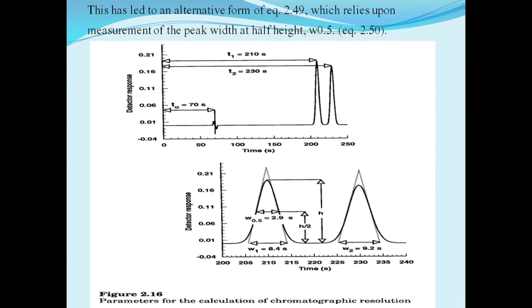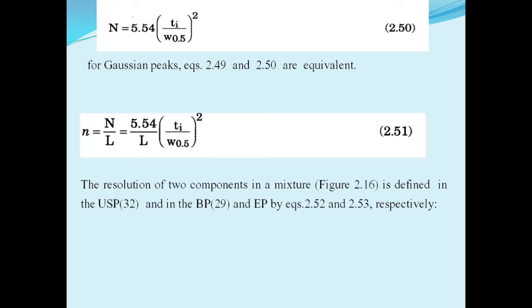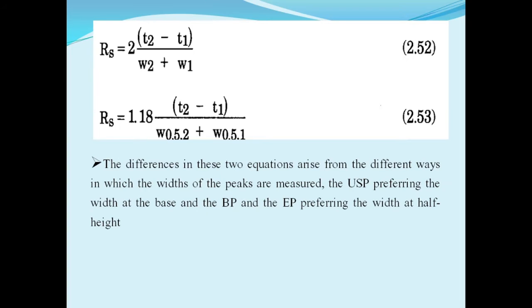This is figure 2.6, the resolution of two components in a mixture. It is defined in the United States Pharmacopoeia, the British Pharmacopoeia and the European Pharmacopoeia by equations 2.52 and 2.53 respectively.